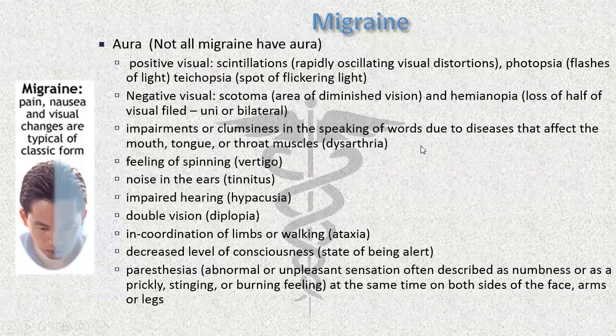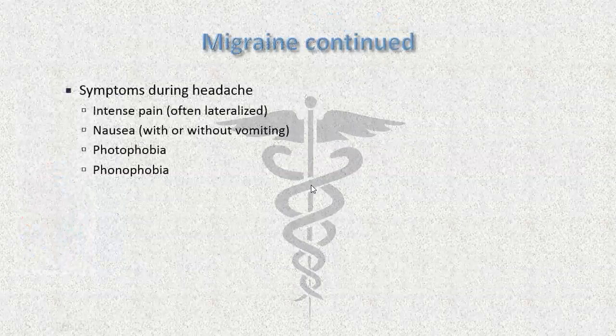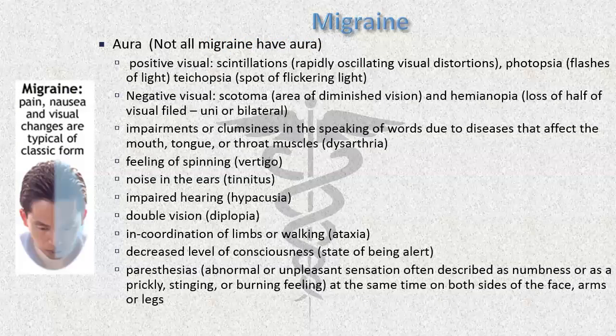There can be a motor aura, where, for example, you might have impairments or clumsiness in speaking. So that's dysarthria. It can be vertigo. It can be tinnitus. It can be impaired hearing, so hypoacusia. It can be double vision, diplopia.